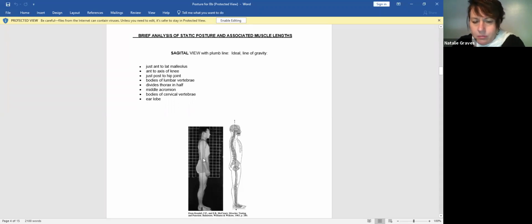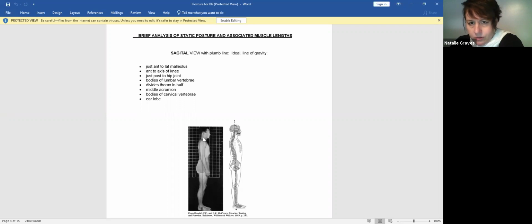The plumb line should fall through the bodies of the lumbar vertebrae. And again, it should almost separate the front half from the back half, almost directly in line. It should divide the thorax again in half. And then the plumb line should come through the acromion, so you can palpate that. And if you were doing it in the clinic, you could actually put little pin marks on those body parts so that you can see them in relationship to the plumb line.